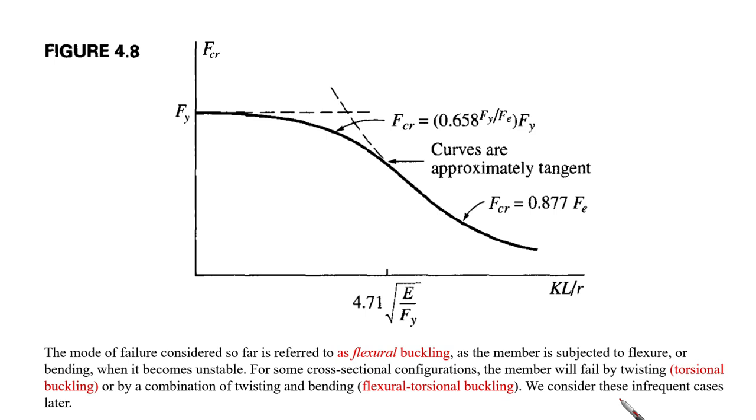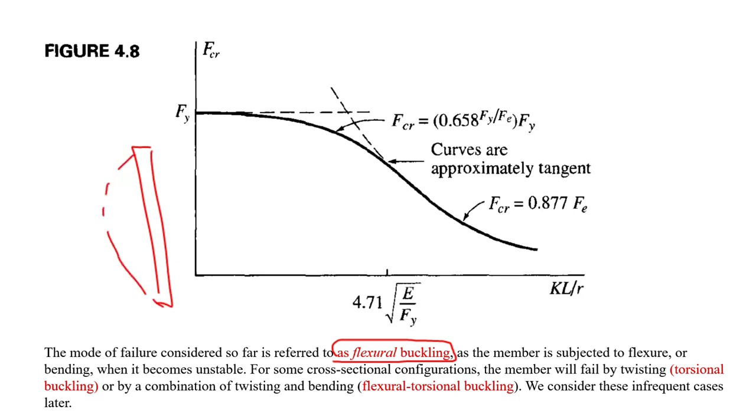The mode of failure considered so far is referred to as flexural buckling. That's an important note. Whenever we use this curve, our column is going to buckle.